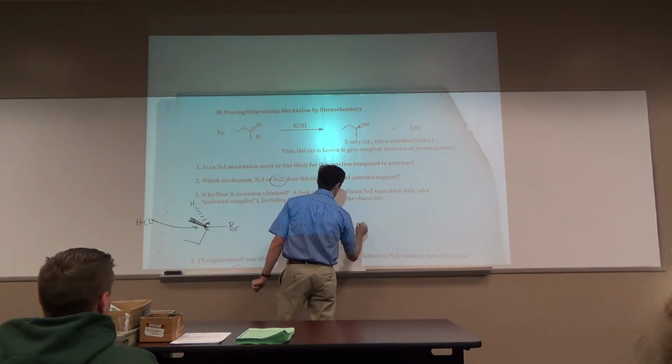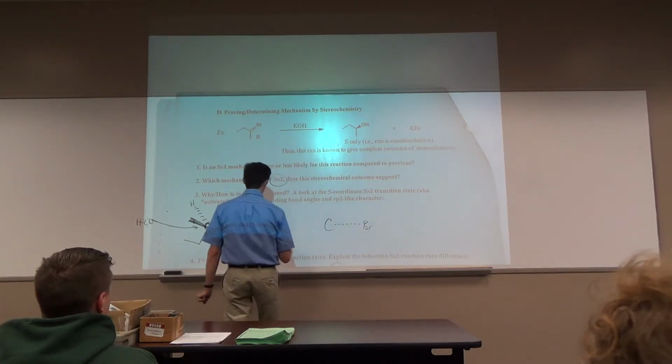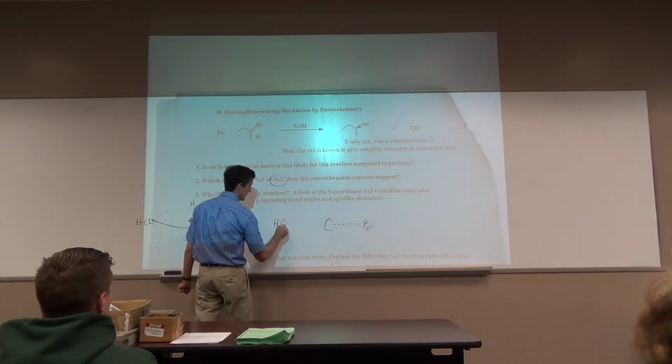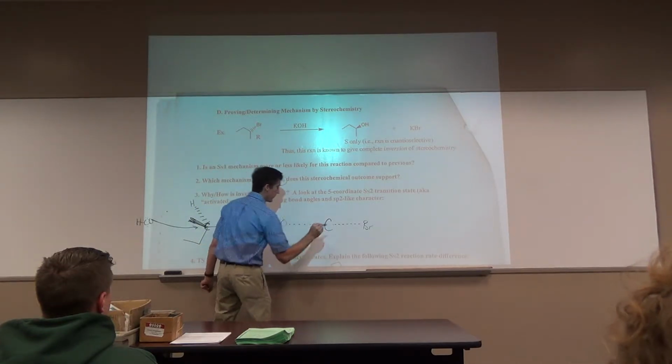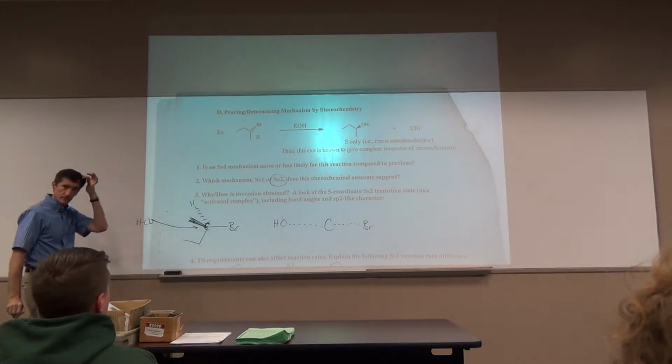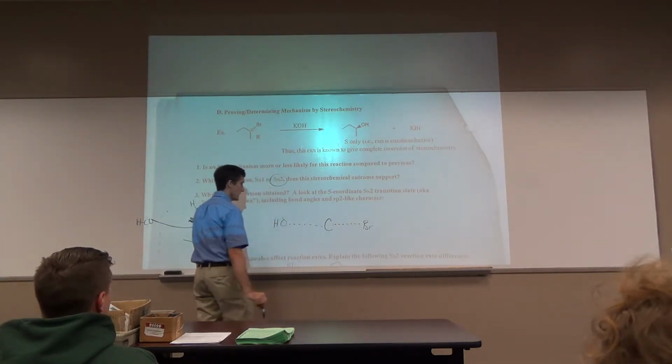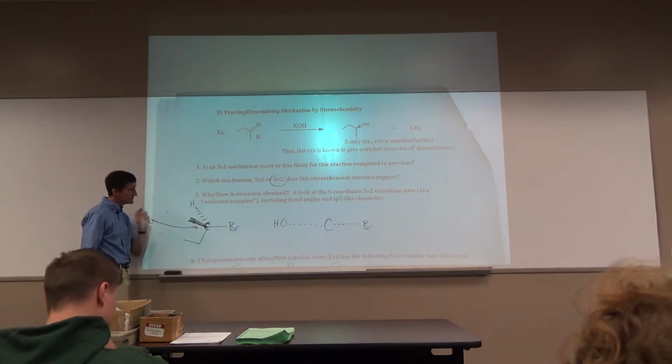The bond to the bromine starts breaking. The bond to the OH starts what? Starts forming. What happens to these groups?